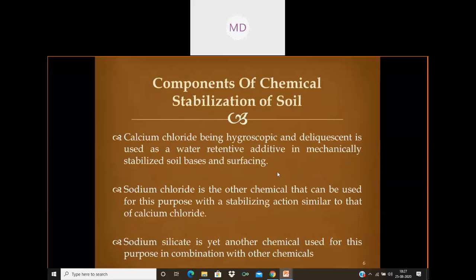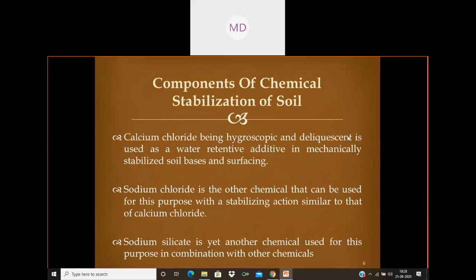Then components of chemical stabilization of soil. Calcium chloride and sodium silicate are among the various chemicals. Lime, fly ash and cement are also included in chemical stabilization. There are various chemicals; we cannot name all. Calcium chloride, being hygroscopic and deliquescent, is used as a water retentive additive in mechanically stabilized soil bases and surfacing.